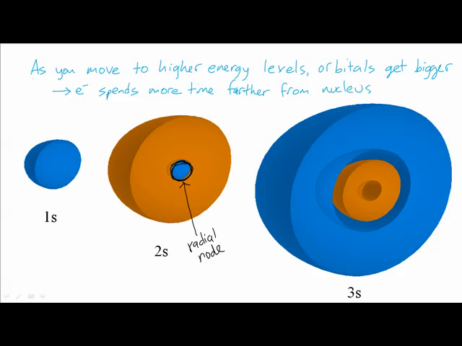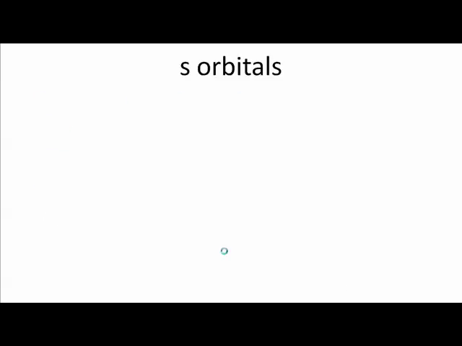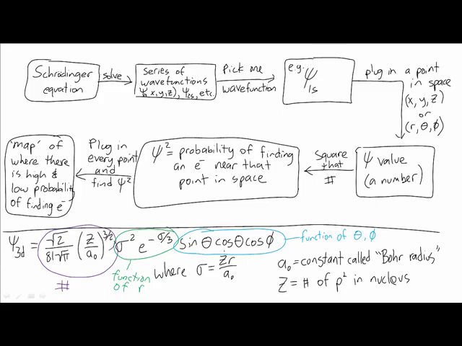And I said before that orbitals come from these wave functions. All right? A wave function can spit out a positive or a negative value. So when you take the wave function and you plug in a point in space, it gives you a value. That could be a positive value or a negative value.